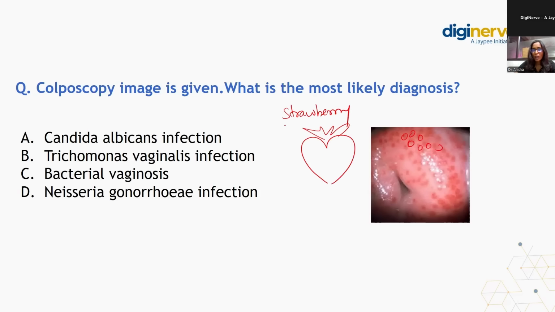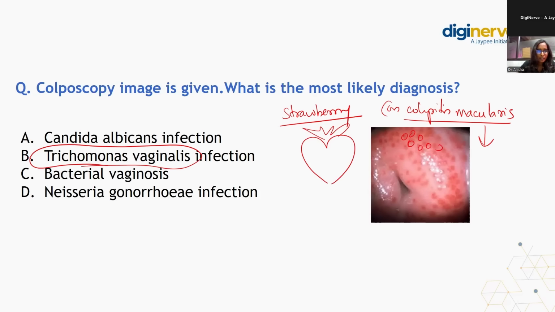So strawberry cervix or colpitis macularis is seen in trichomoniasis caused by Trichomonas vaginalis. So the classical strawberry appearance of the cervix, or colpitis macularis, is seen in Trichomonas vaginalis.